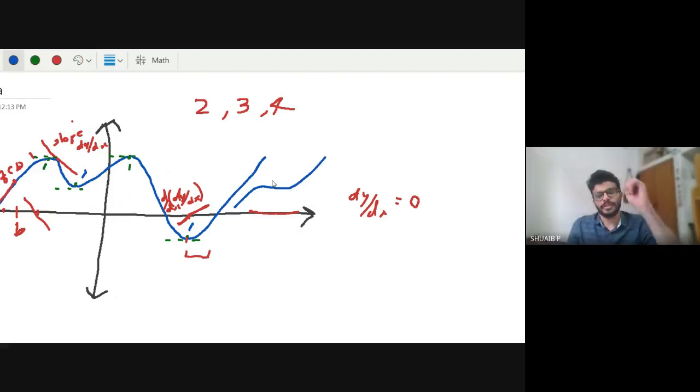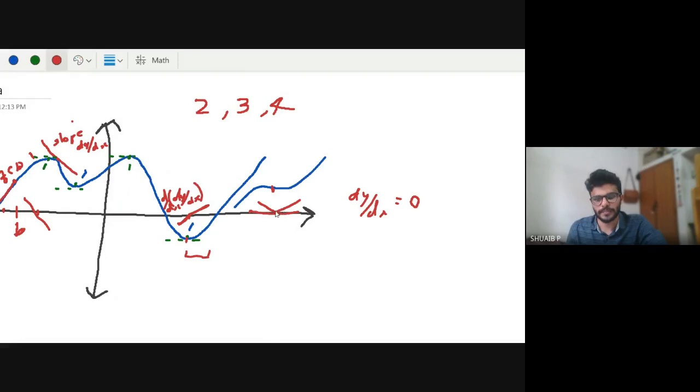Okay, I think I made some mistake. For this particular saddle point, the dy by dx will be something like this. The first derivative is positive and it becomes 0, and it again starts to increase after the saddle point.